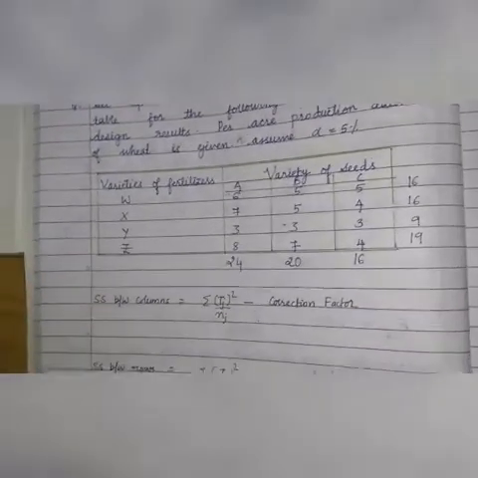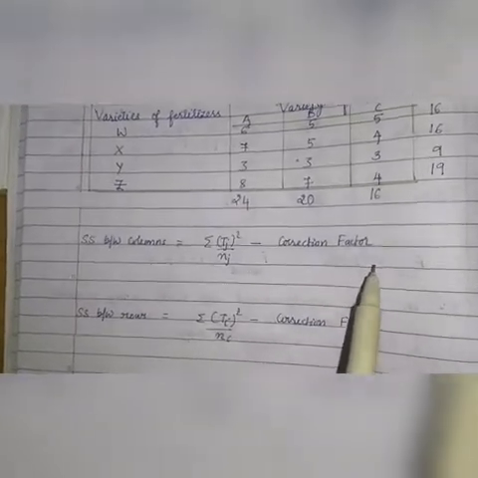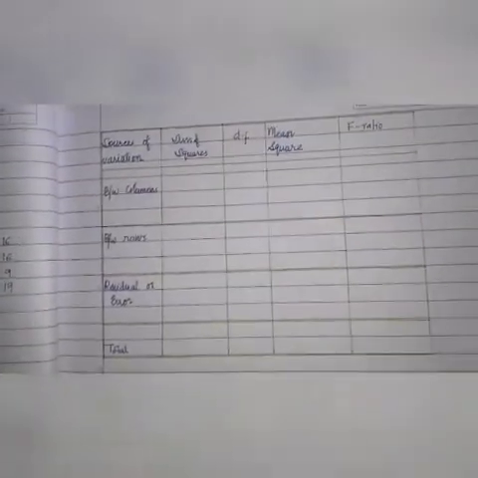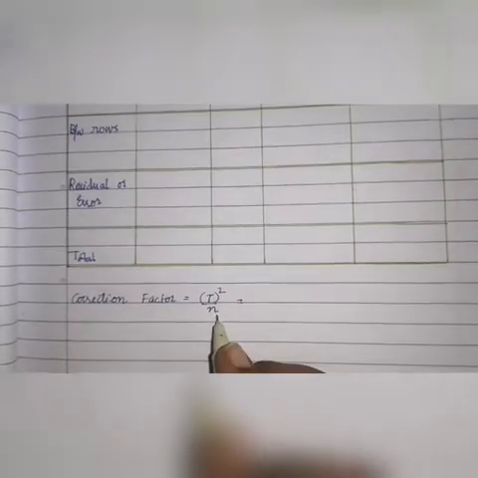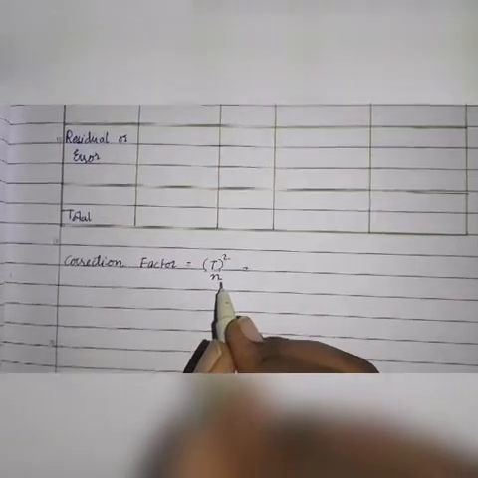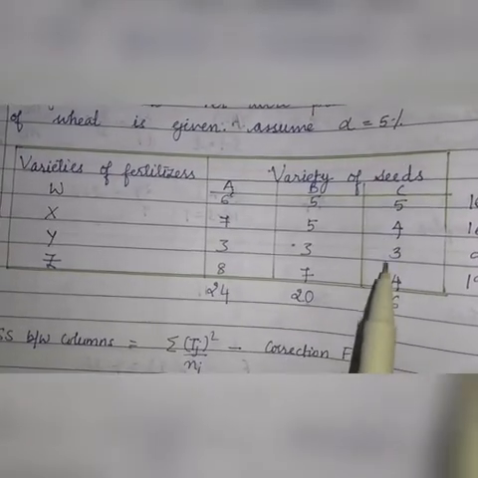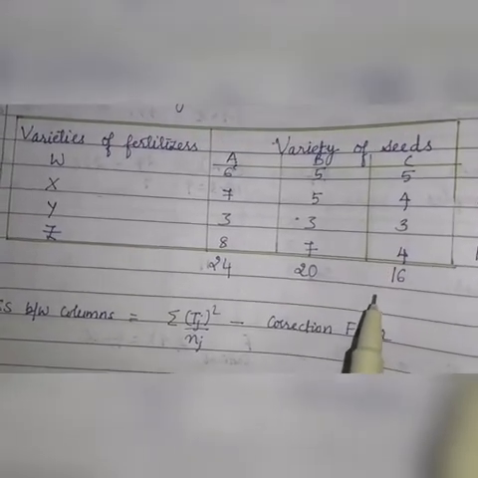Now let us start by calculating the correction factor. The formula for the correction factor is T square by N. N is the number of observations. We have 1, 2, 3, 4, 5, 6, 7, 8, 9, 10, 11, 12, so 12 observations. N is equal to 12.